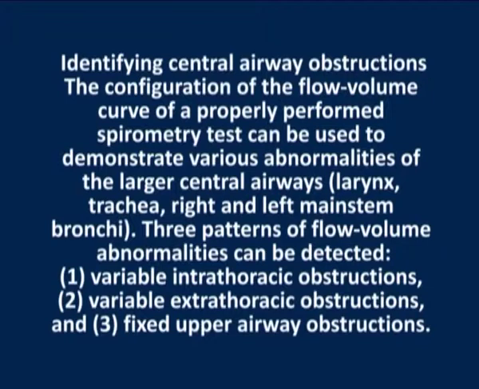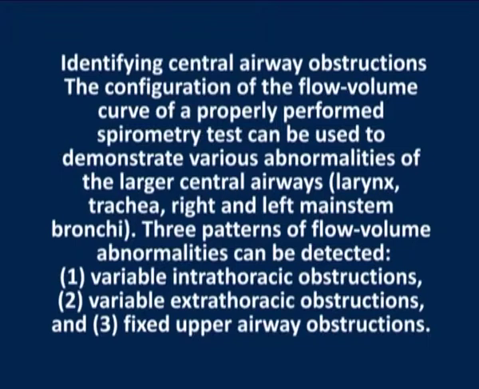Identifying central airway obstruction. The configuration of the flow volume curve of a properly performed spirometry test can be used to demonstrate various abnormalities of the larger central airways, that is larynx, trachea, right and left main stem bronchi. Three patterns of flow volume abnormalities can be detected.